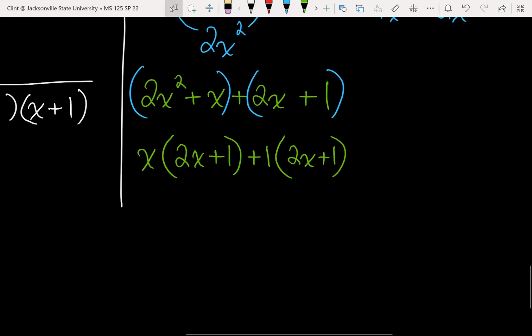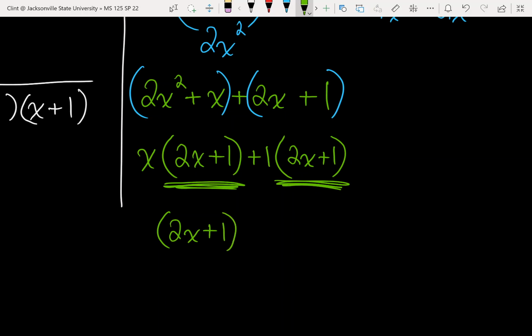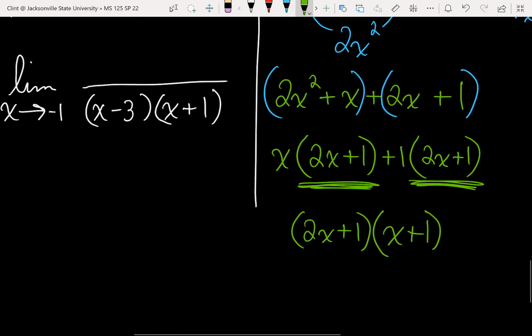Now I've got a common factor of 2x plus 1. Factor out 2x plus 1 from the whole thing. That leaves me with x plus 1. Again, if that's confusing to you and you've got some other way that you like factoring, fine. I thought I would show you that method.